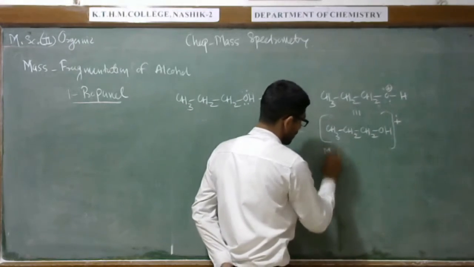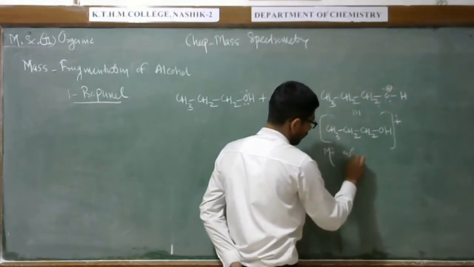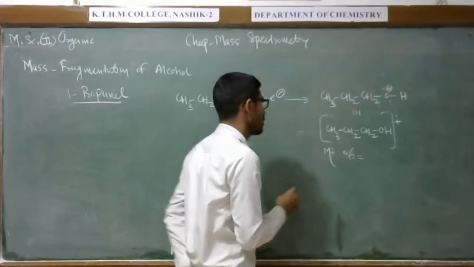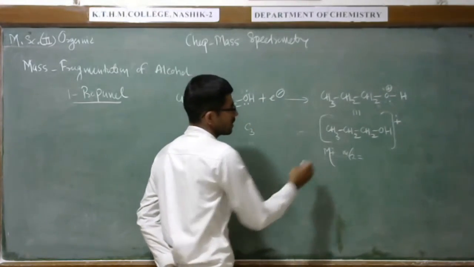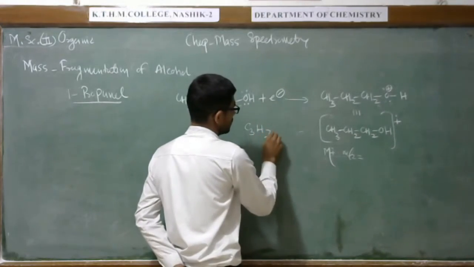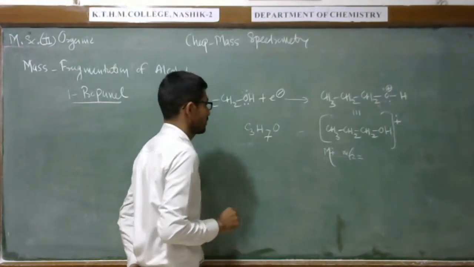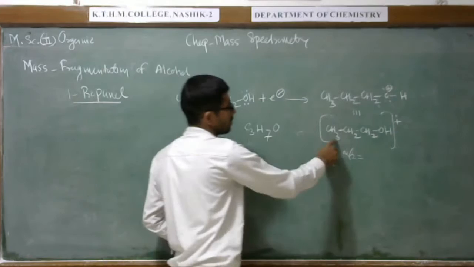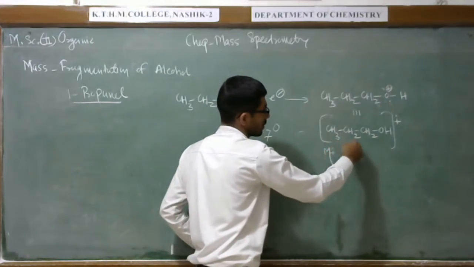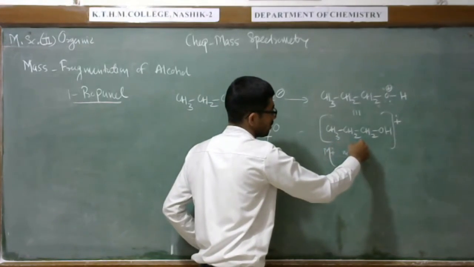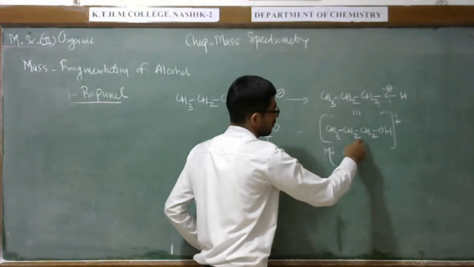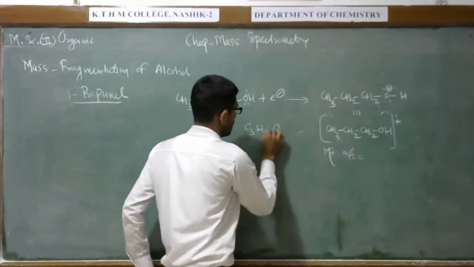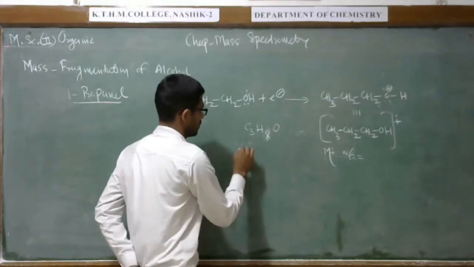This molecular ion peak we can observe at a mass to charge ratio of 3 carbons, 8 hydrogens and 1 oxygen.